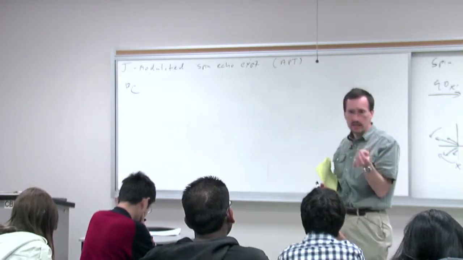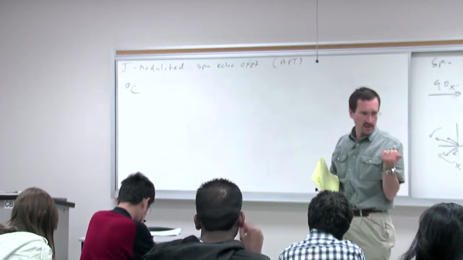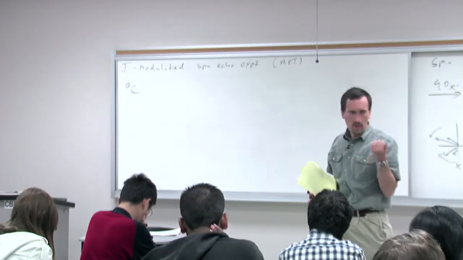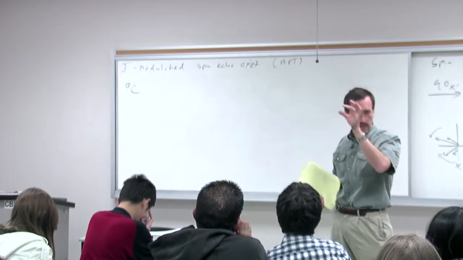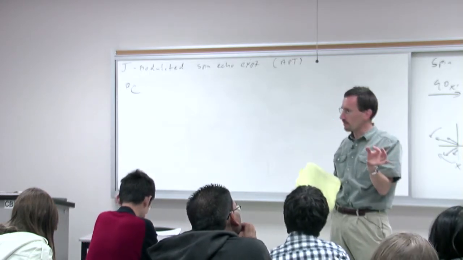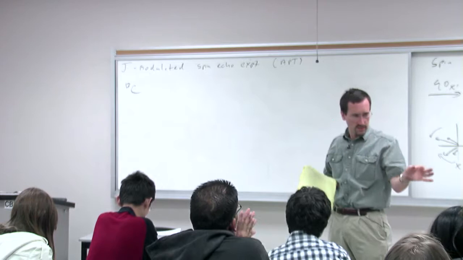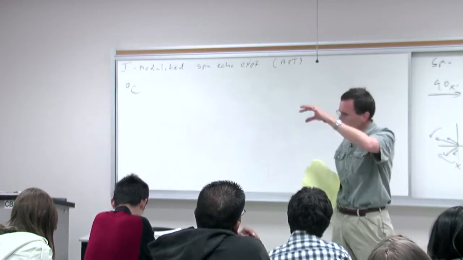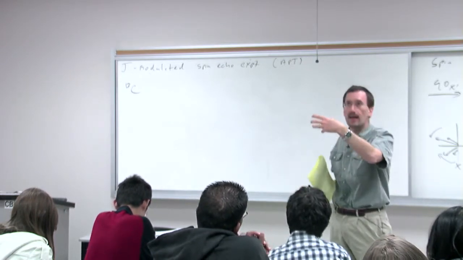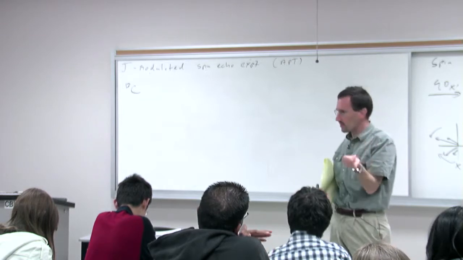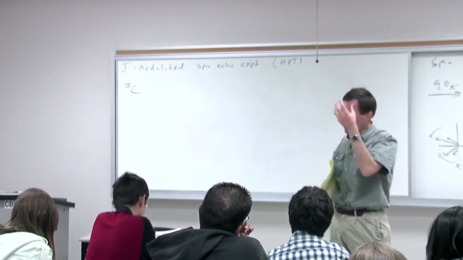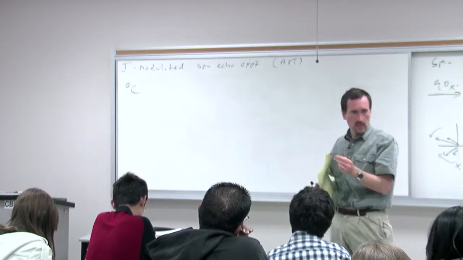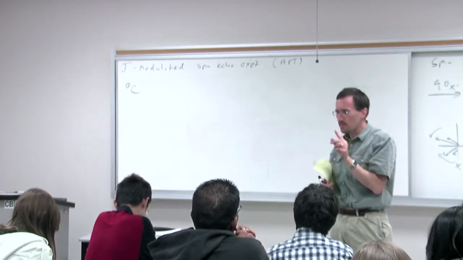So if you took an undecoupled spectrum of ethanol, it would be horrible, because your CH2 group would appear as a quartet that was then split into a triplet, so it would be a quartet of triplets, and your CH3 group would appear as a triplet of quartets. So imagine how tiny your peaks would be, right?